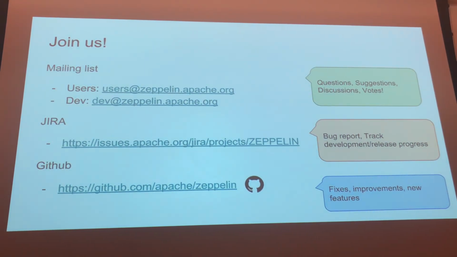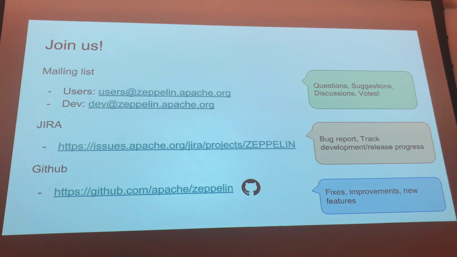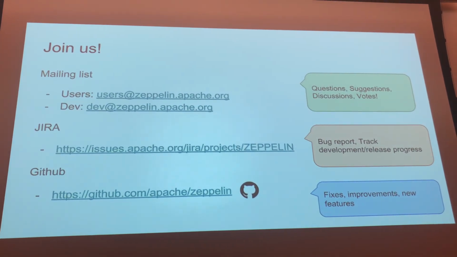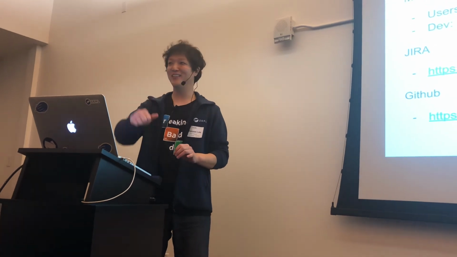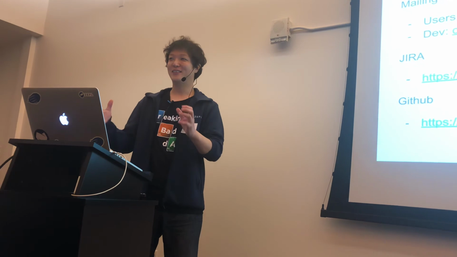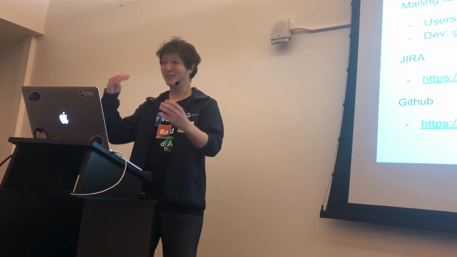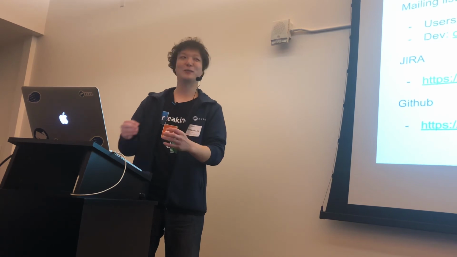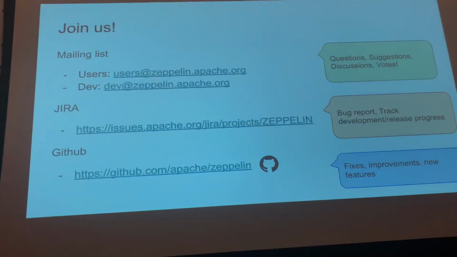All the votes are on the mailing list, and actually you can also participate in the vote. Let's say the community is voting for a new release, and then you can go there and say I'm +1 for this release, or you can say -1, you shouldn't release this release, you must have this feature built in. So you can actually vote. If you are a committer, you will have a binding vote.